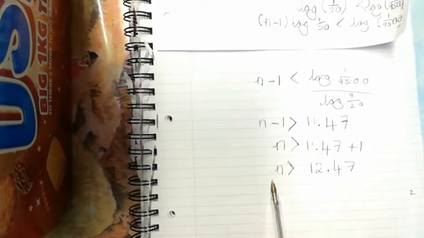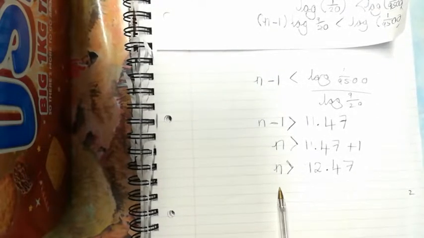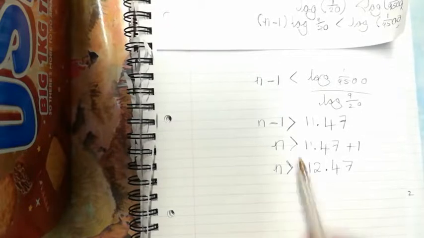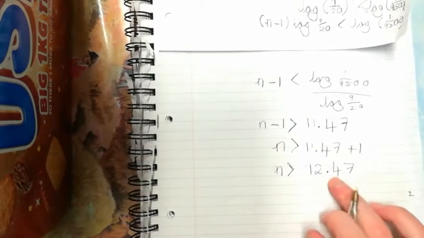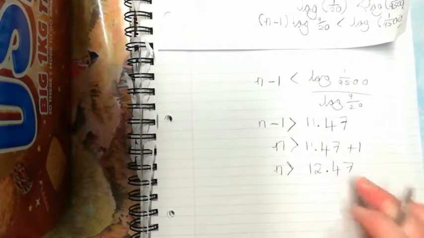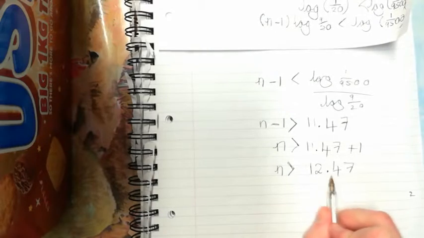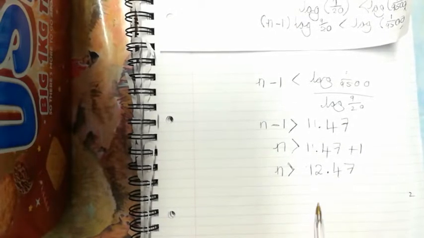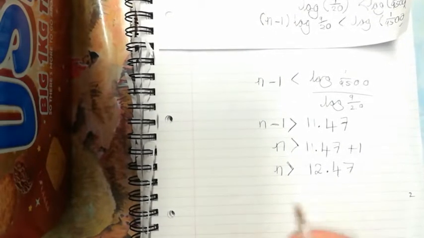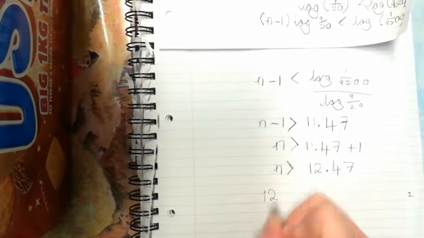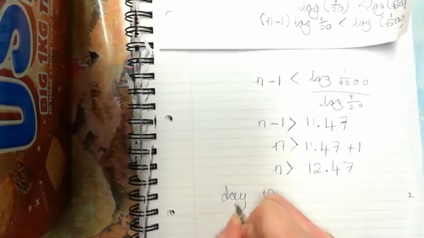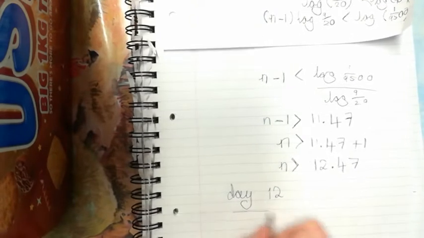We are asked for the first day that it will be at 0.01. So 12.47 is nearly 12 and a half days, so day 12 will be the first day that we'll have 0.01% left, and that is our answer.